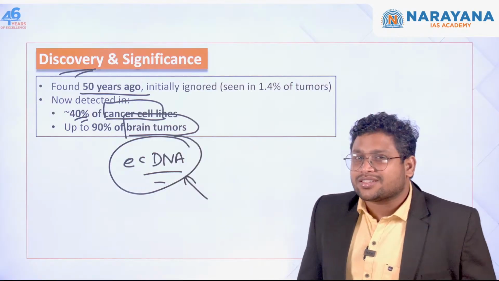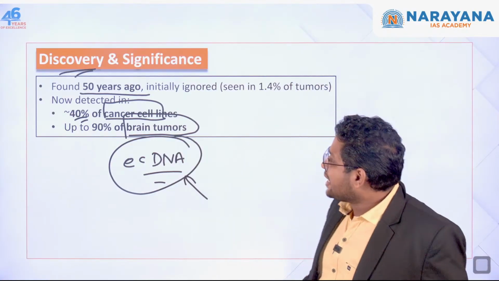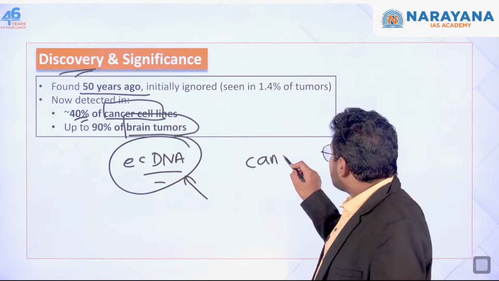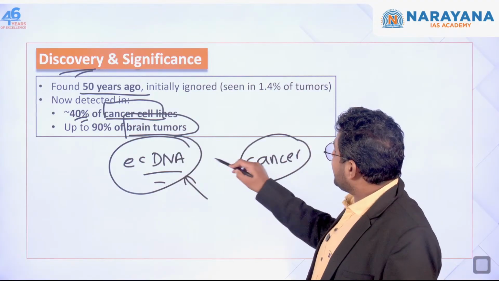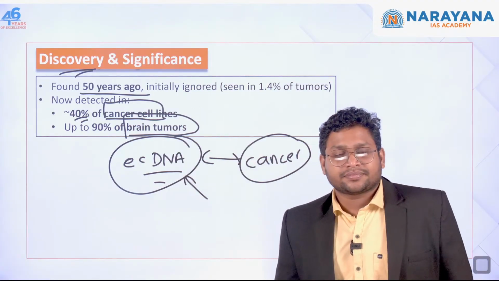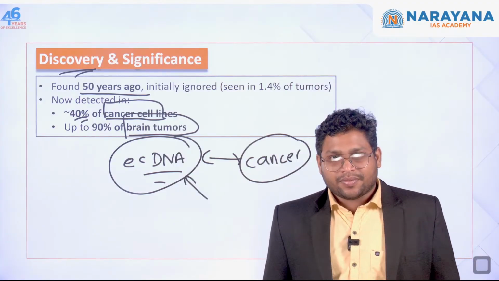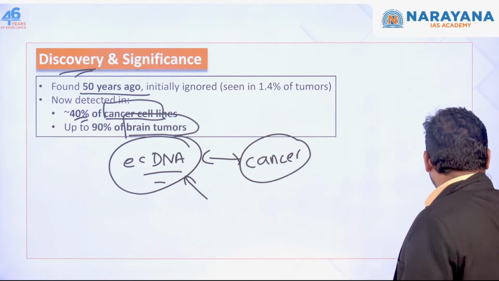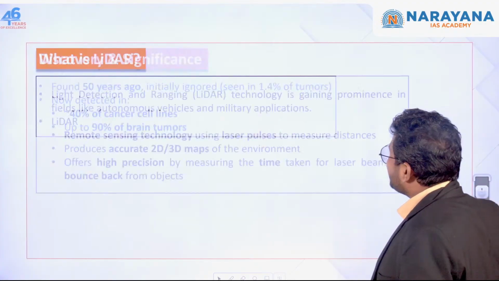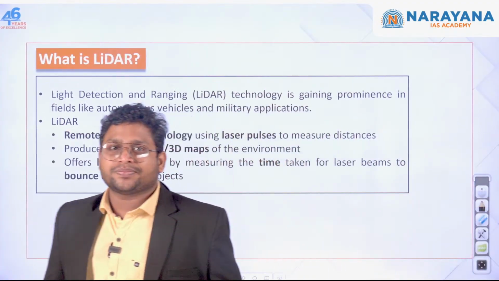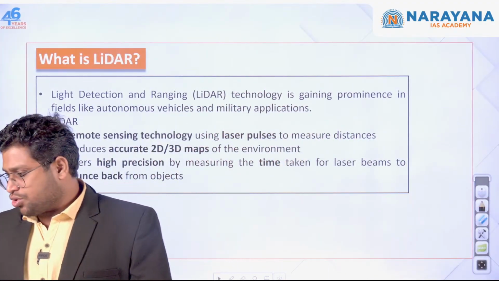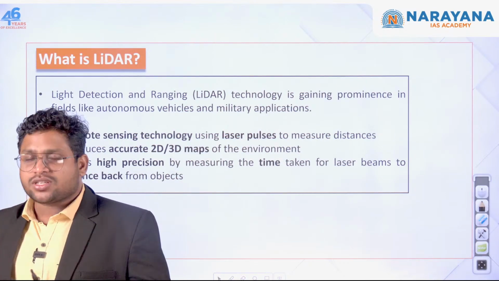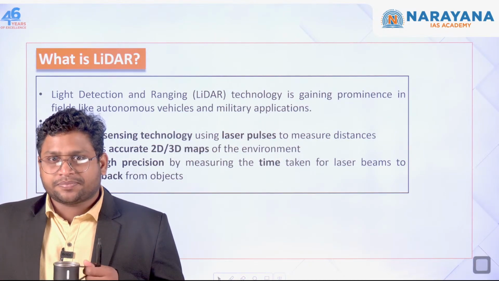So now we are concerned that there is some linkage between cancer and this extra chromosomal DNA. Scientists are still studying, and they might come up with a few more details on this issue. Is this clear? You should just know what is this DNA and what is this extra chromosomal DNA.